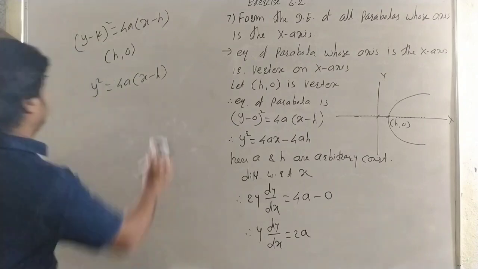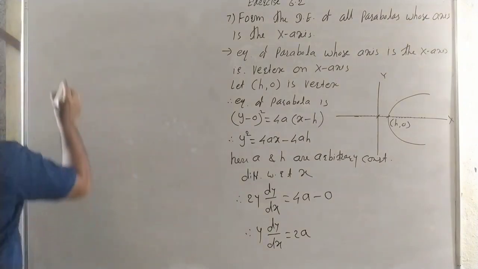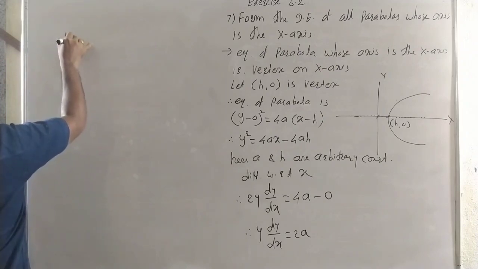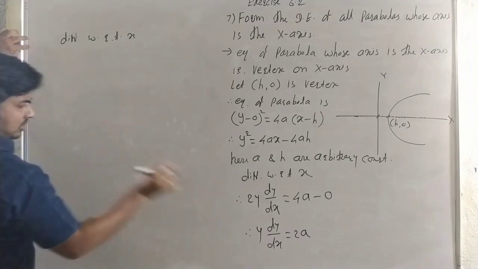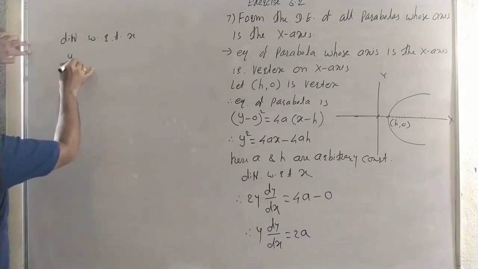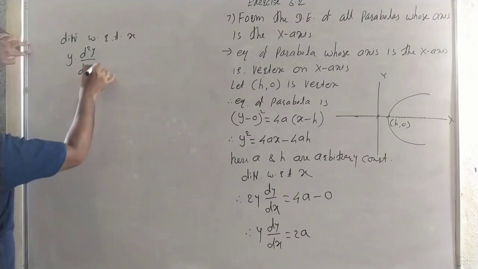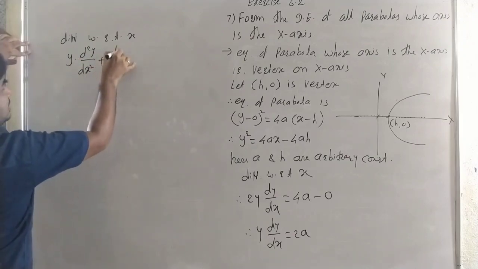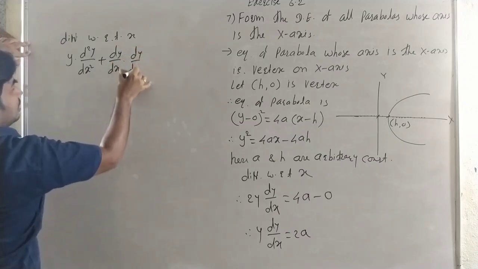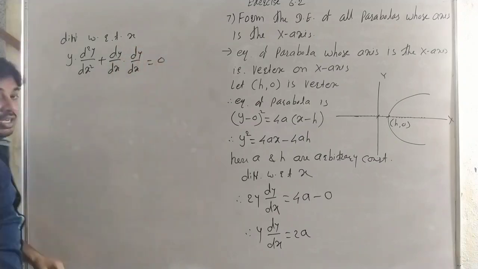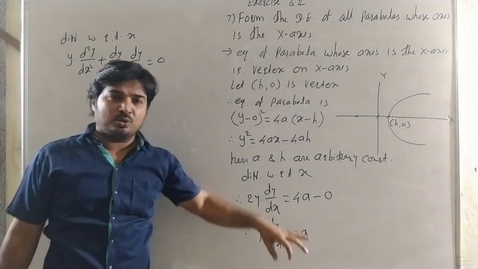Now we take the second derivative, that is, differentiate again with respect to x. Here we use the u into v rule: y into dy/dx, differentiate with respect to x.